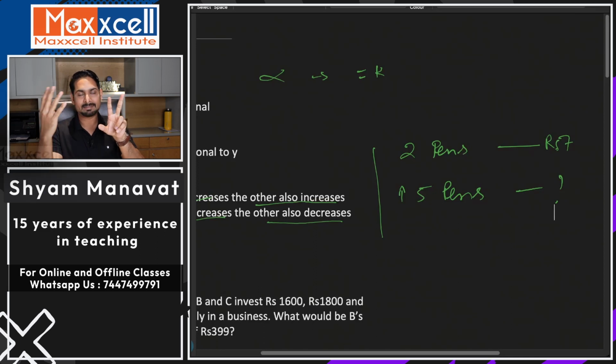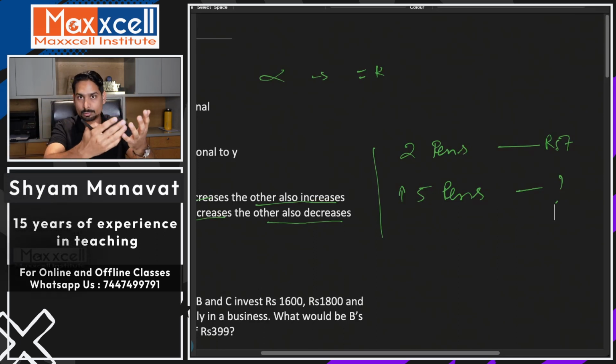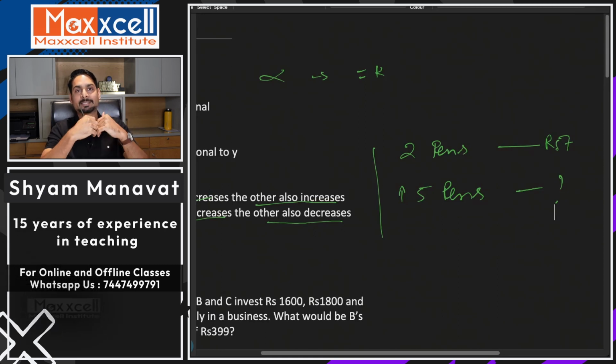So for 5 pens, you are increasing the quantity from 2 pens. Will you be giving more money to the shopkeeper or less? Absolutely right. You are going to pay more money to the shopkeeper. This is called directly proportional. They are not equal, but they are directly proportional.